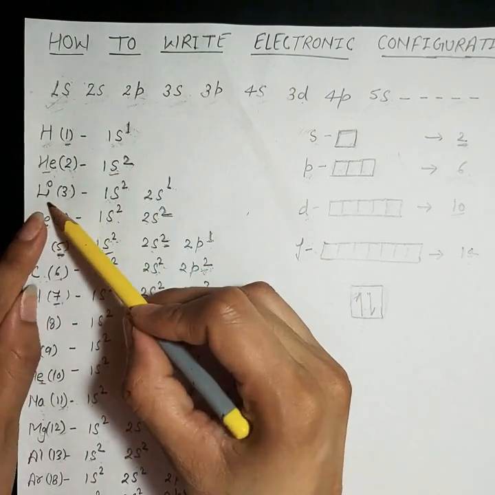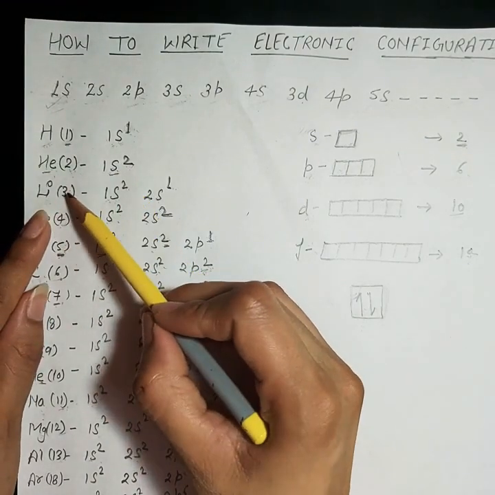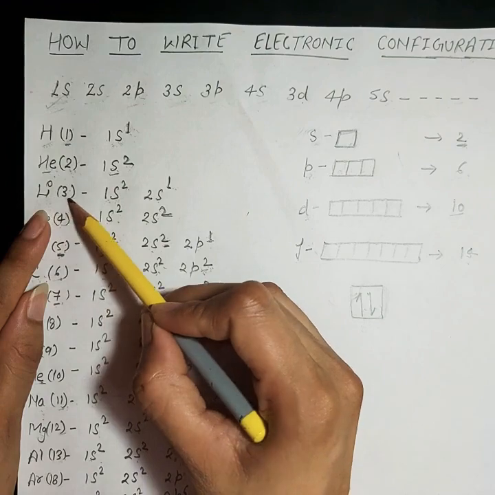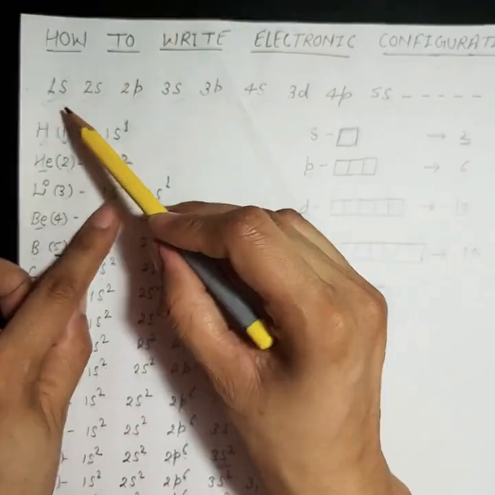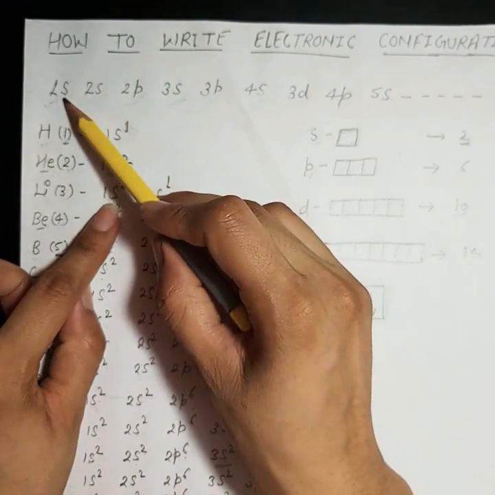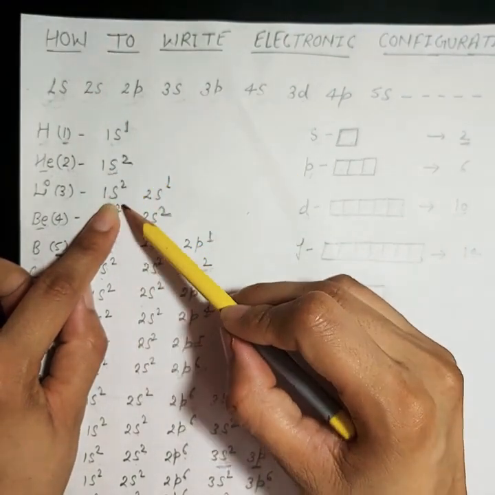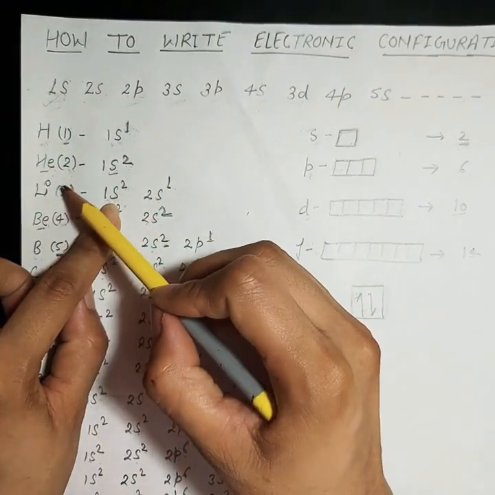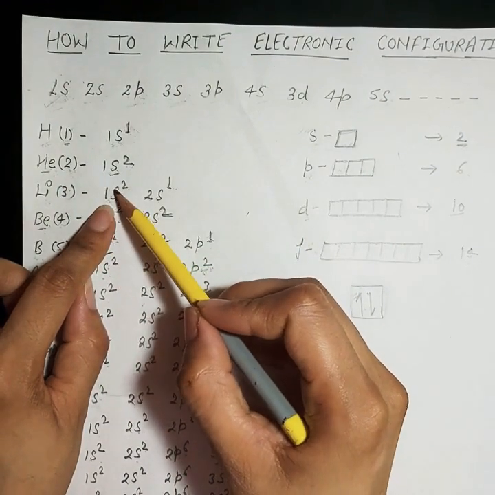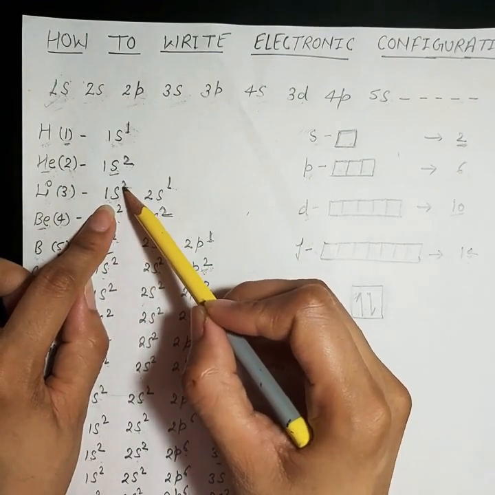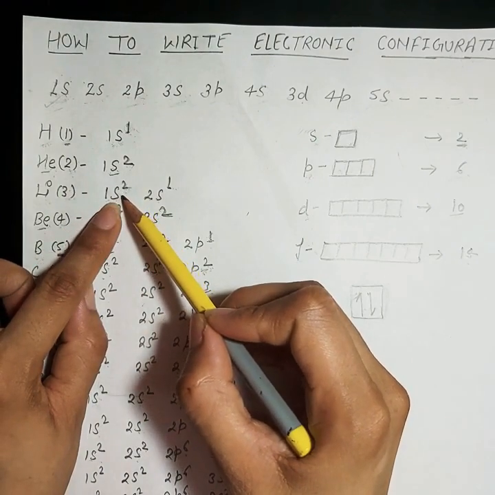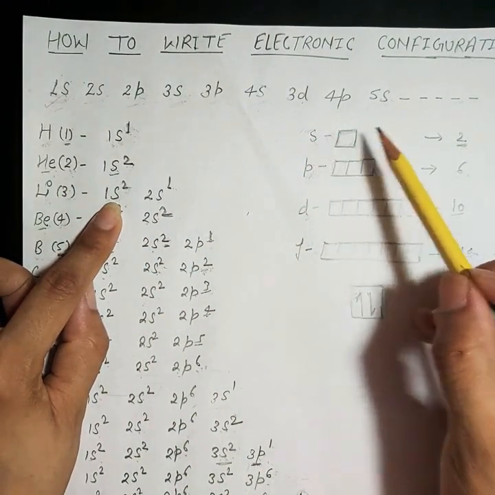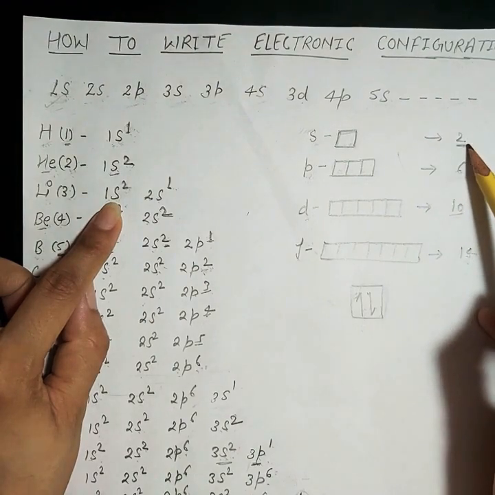Now for lithium, lithium has 3 electrons, so for the distribution of 3 electrons, we will use this order and start from here. For 1s, since it has 3 electrons, we can't write 1s3, because as I already told you, s can have maximum 2 electrons only.